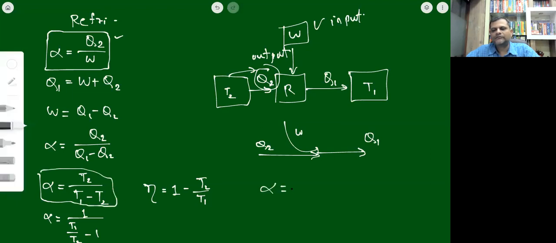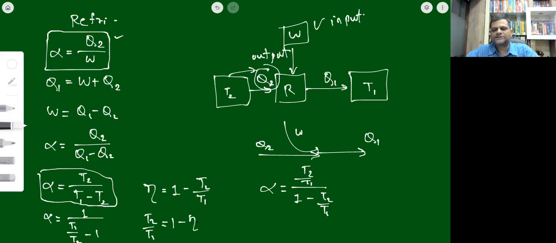देखो, alpha will actually be equal to T2 upon T1 divided by, here it will be actually T1 upon T1 is 1 only, minus here it will be T2 upon T1 again. But as we know that this T2 upon T1 can be obtained using this equation. So T2 upon T1 is nothing but 1 minus eta.